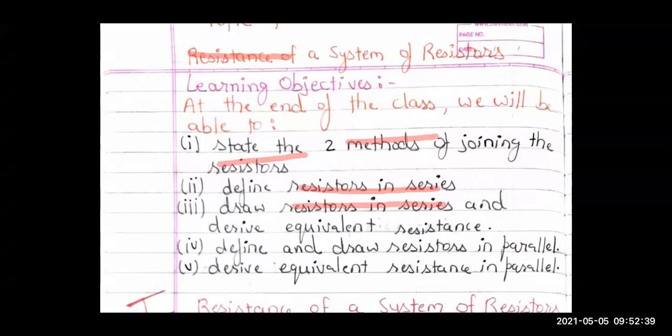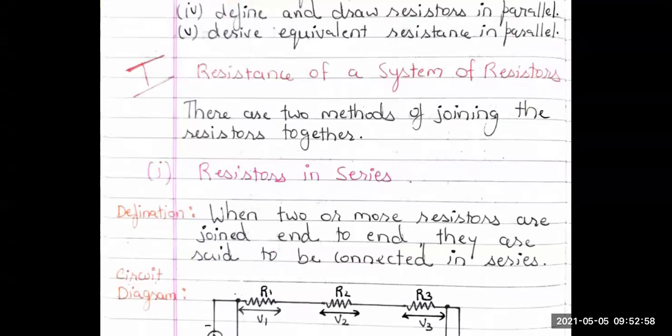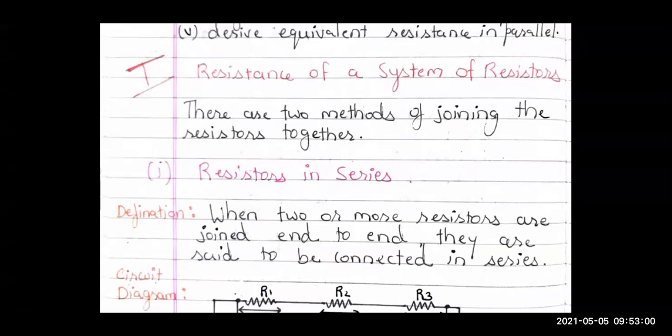Then the equivalent resistance, when two or more resistors are connected in series, what will be the equivalent resistance, right? Then what is resistance in parallel and what is the equivalent resistance in parallel? So let's start with the topic number one, that is resistance of a system of resistors, right?